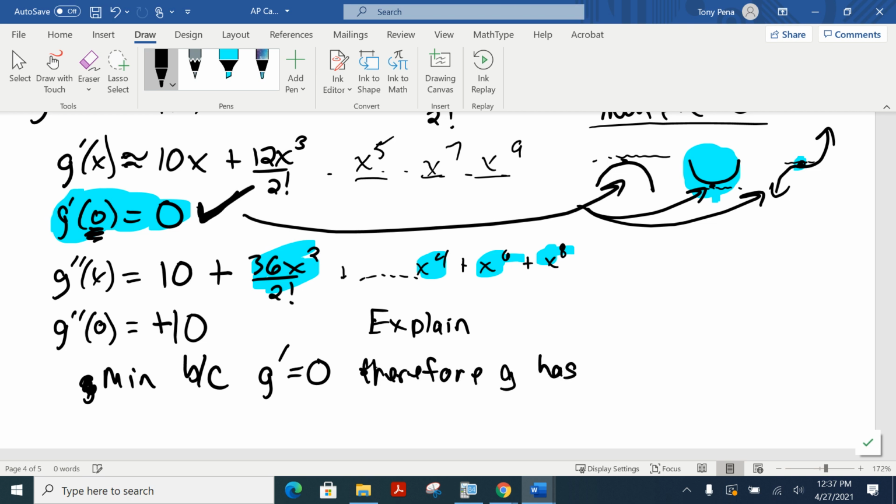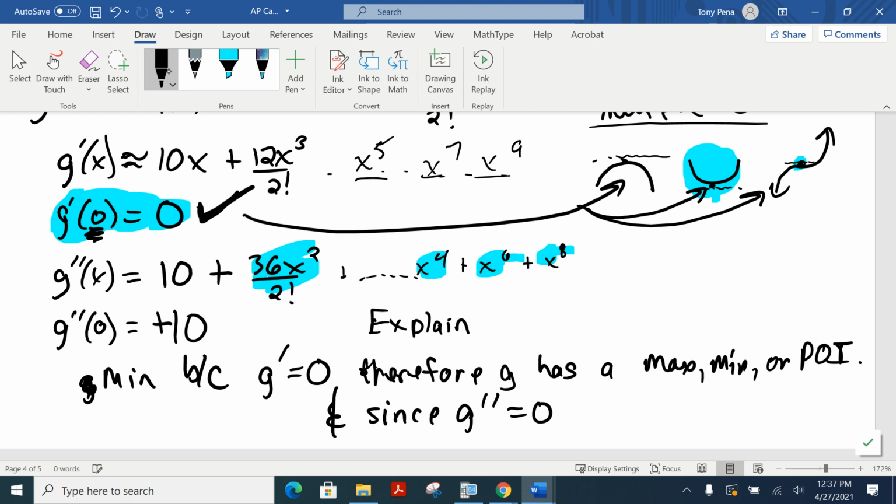Therefore, g has a max, a min, or a point of inflection. And then since g double prime equals 0, g of x is concave up. Oh, yeah, good call. It's positive, that's how we know we're concave up.